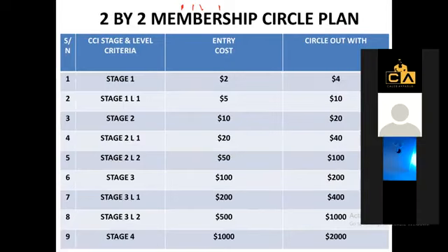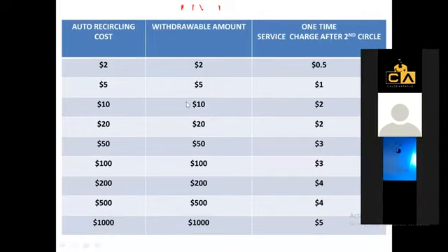All right. So those on stage 2 and above can join both the $2 and $5, and don't forget, if you can join the $10 cycle plan, that means you can join the 2, 5, and 10, meaning you can have 3 cycle plans running for you. If you join the $10 cycle plan, you cycle out with $20, then $10 will be deducted for auto recycling, and you can withdraw $10.